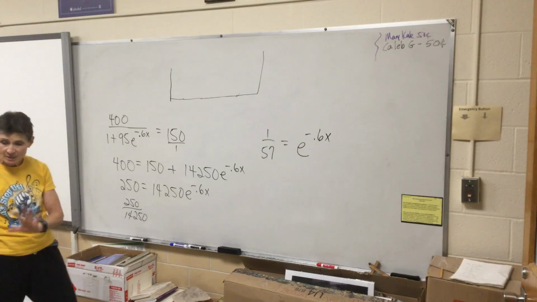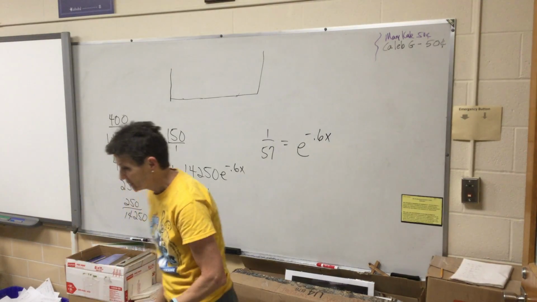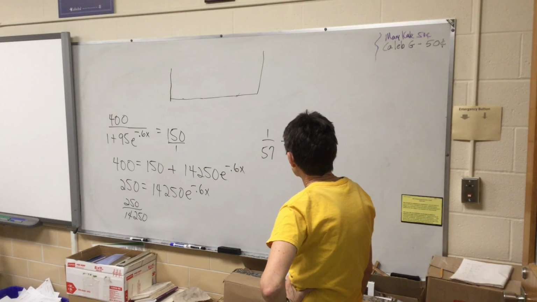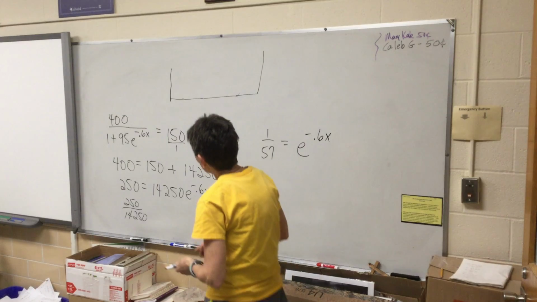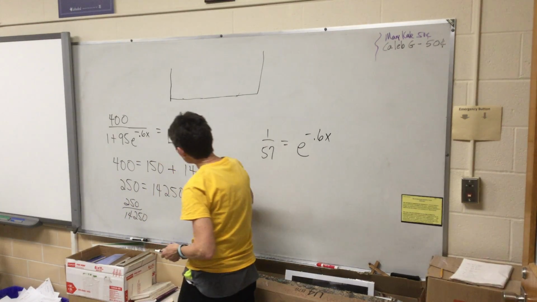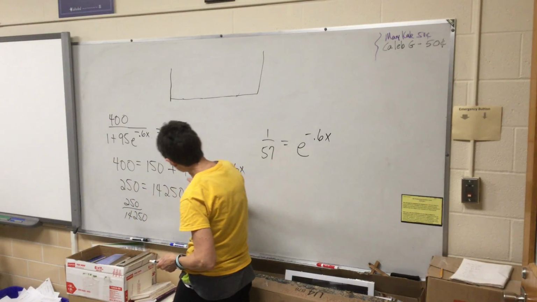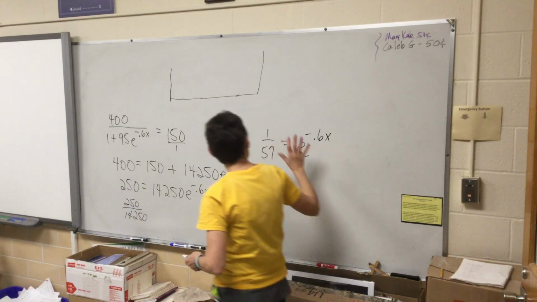But again, it's your call. Totally your call. So we started by multiplying this over. Then with Michael's help, we subtracted the 150 and divided by the coefficient. So now here we are.